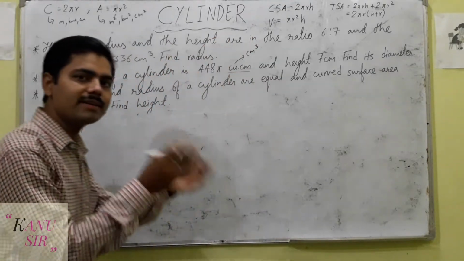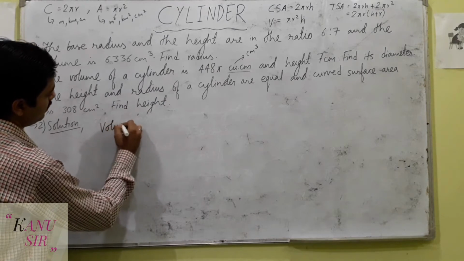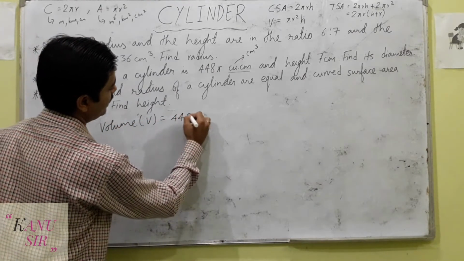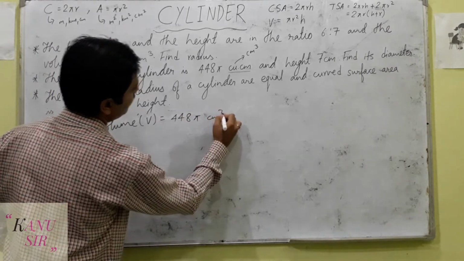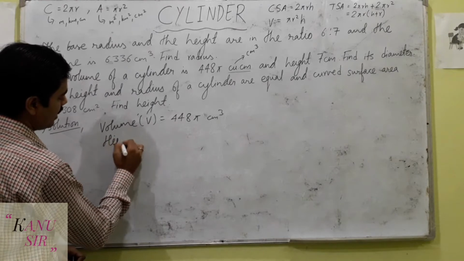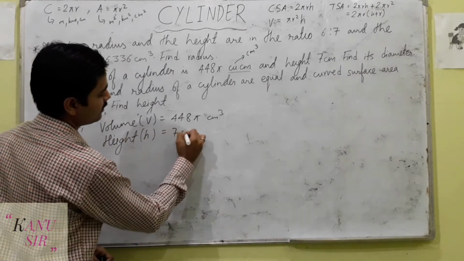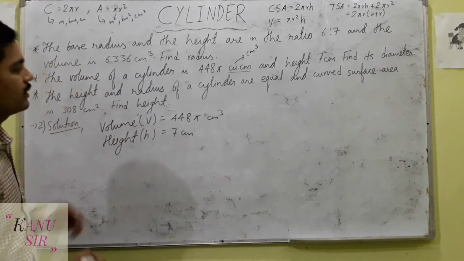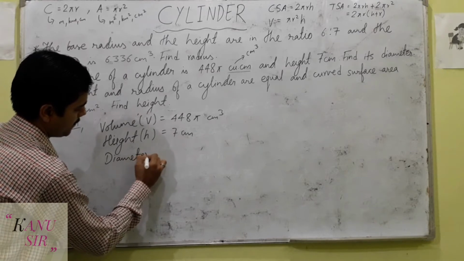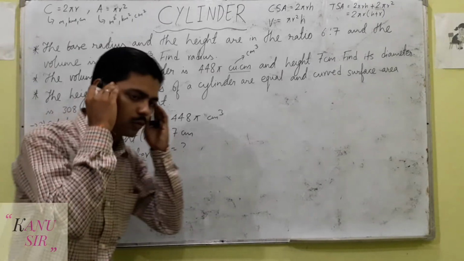You can say centimeter cube or cubic centimeter. So we'll write the given data. Volume V equals 448 pi centimeter cube, and the next given data is the height h equals 7 centimeter. Find its diameter. Diameter d equals what? And again you may put a question in your mind.